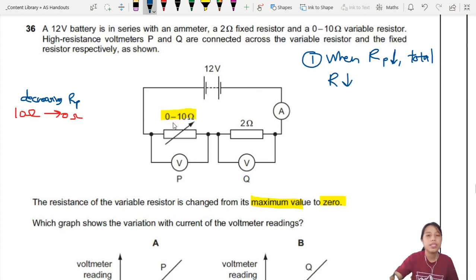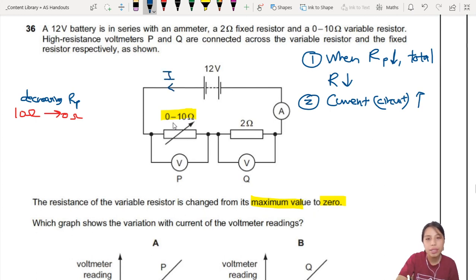Okay, the whole circuit resistance is decreasing. And that means your current in the system, current of the circuit, is increasing. So this I here is getting bigger and bigger. I flows through everything, comes back. I is increasing. Okay. And let's look at Q first. So current increases.